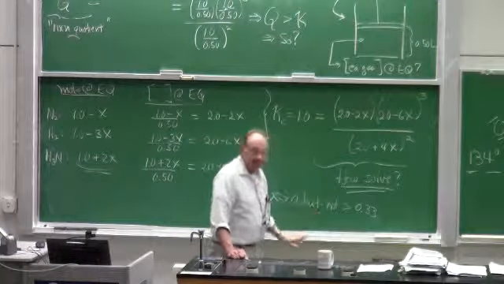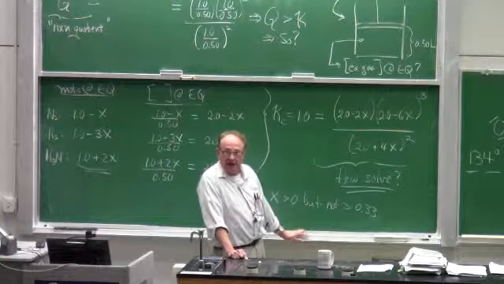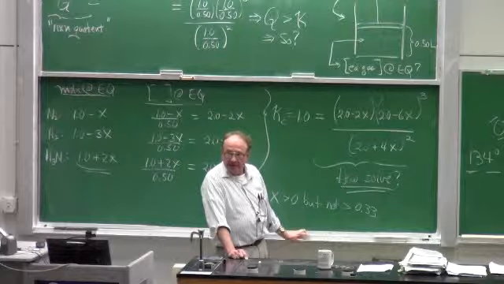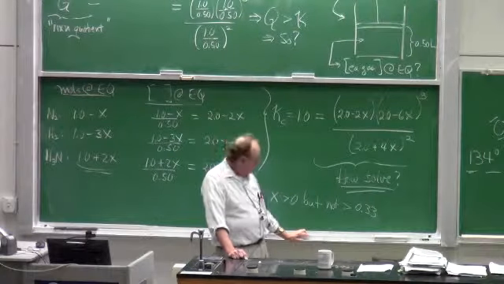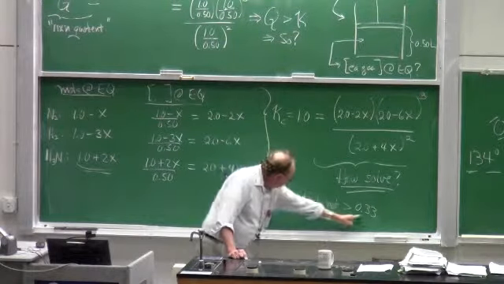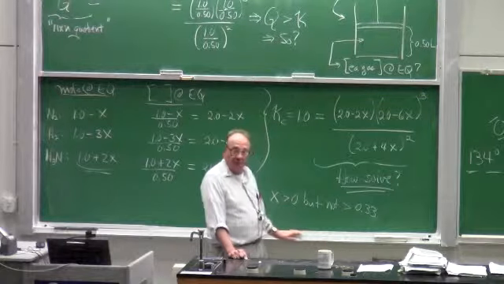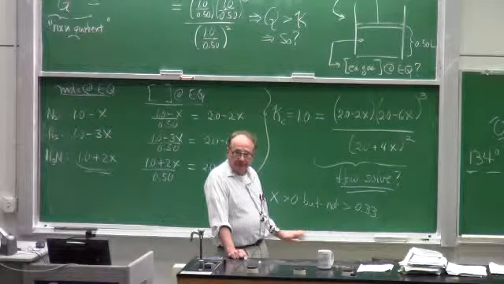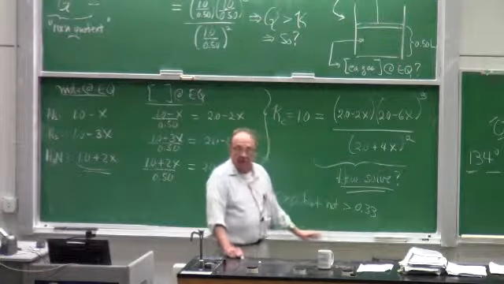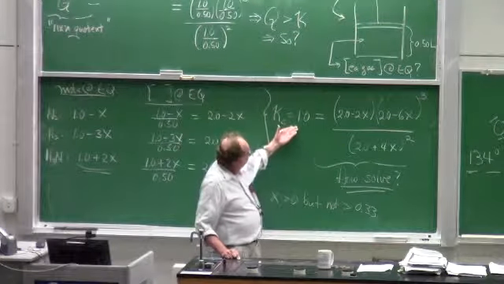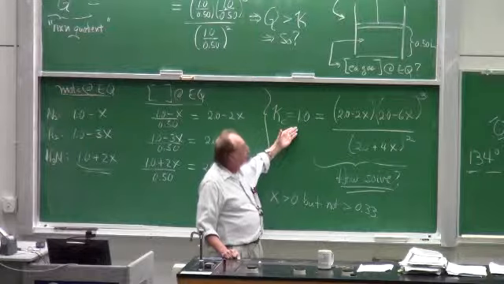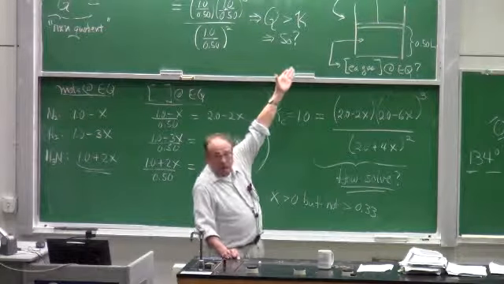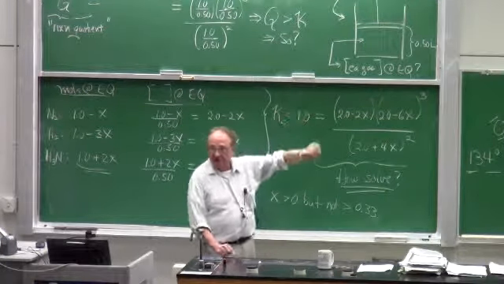I've let this thing talk to me. And I already know that the correct value for X for this puzzle is in this 0 to 0.33 range. And I'm limiting my work to 2 sig figs, because the equilibrium constant is expressed only in 2 sig figs. The mole quantity is 2 sig figs.